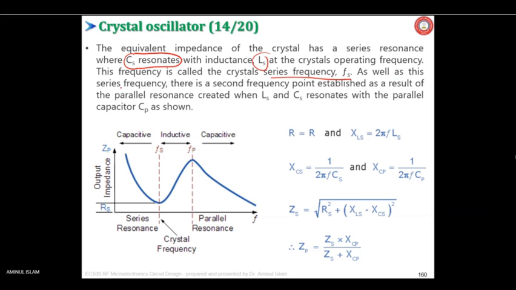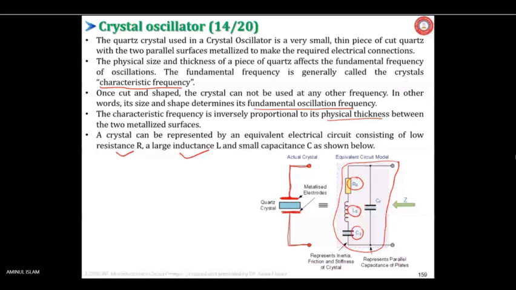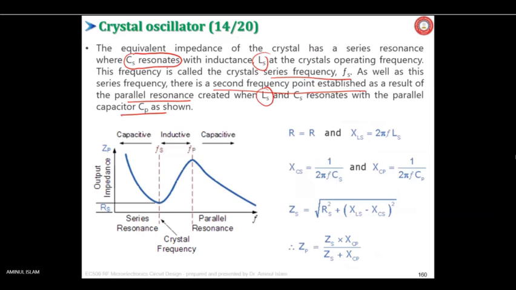As well as this series frequency, there is a second frequency called the parallel resonant frequency, which occurs when LS and CS resonate with the parallel capacitor CP. I mean, here you have this also in parallel. So this LS and CS resonates with CP, then another frequency, the parallel resonant frequency, is obtained.